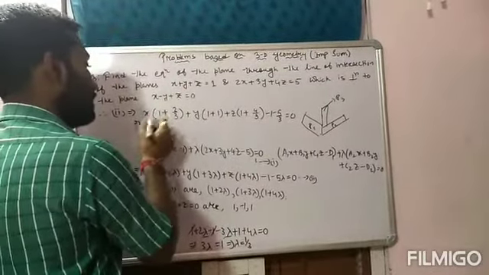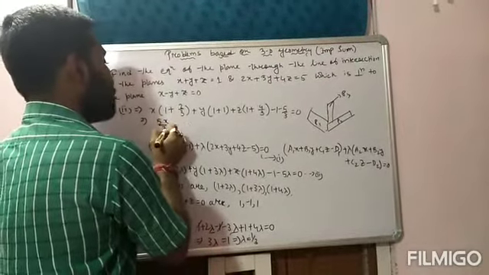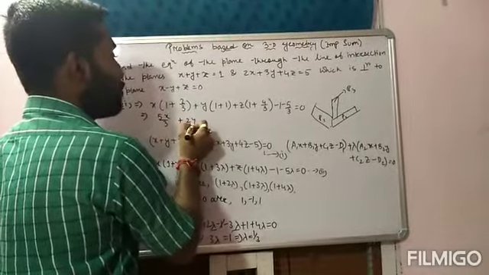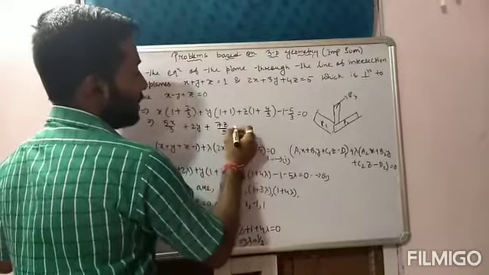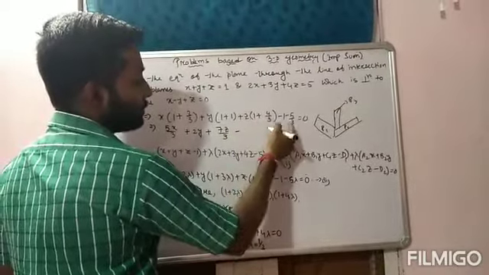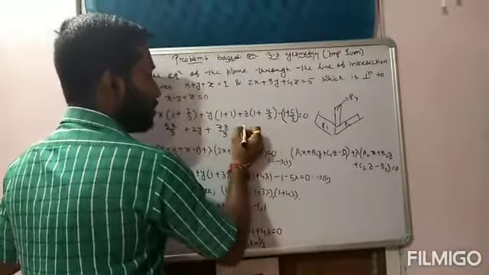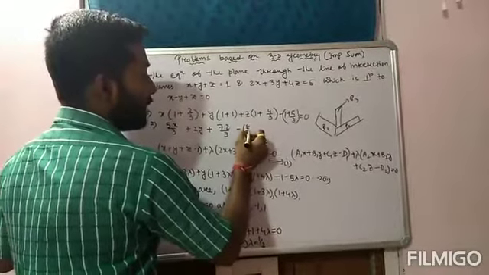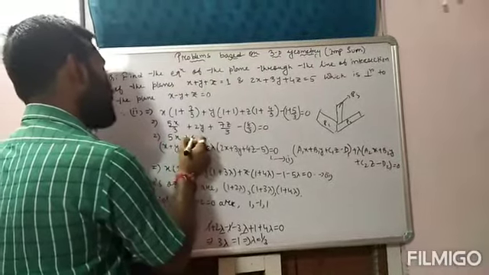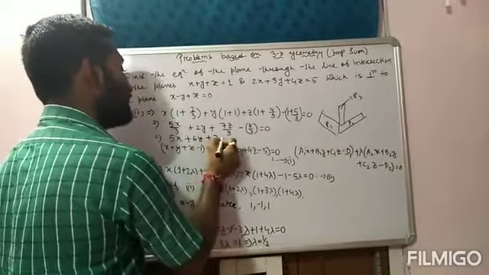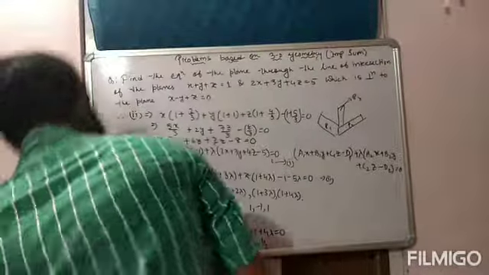That is 5x by 3 plus 2y plus 7z by 3 minus, if I take minus common, this will become plus, so this will be 8 by 3. If you take LCM, this will be 5x plus 6y plus 7z minus 8 is equal to 0, which is the required equation of the plane.